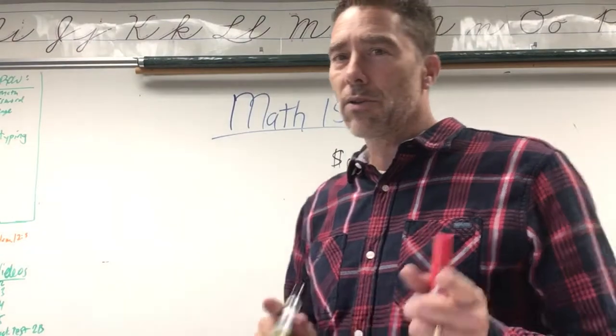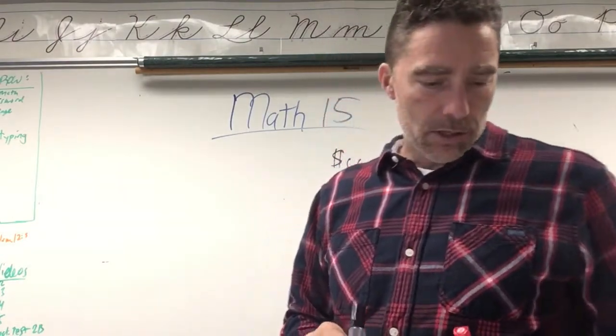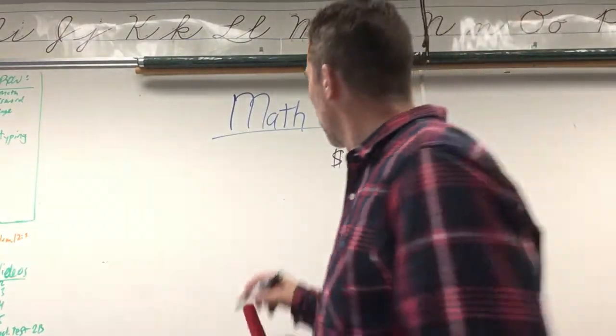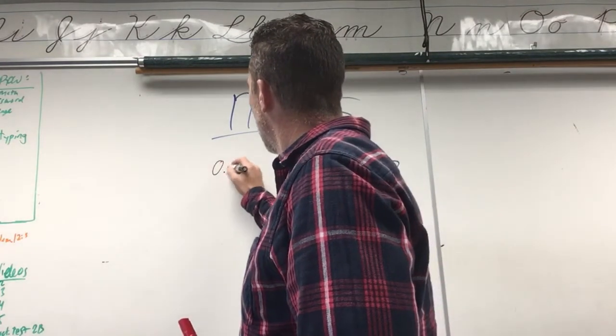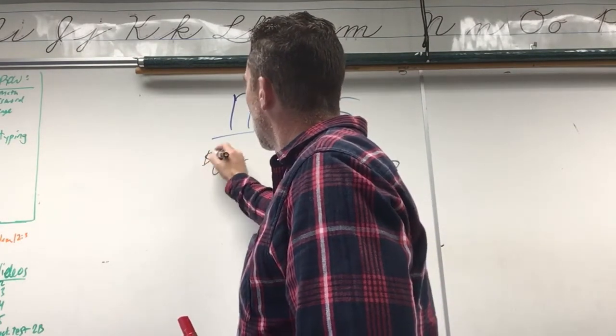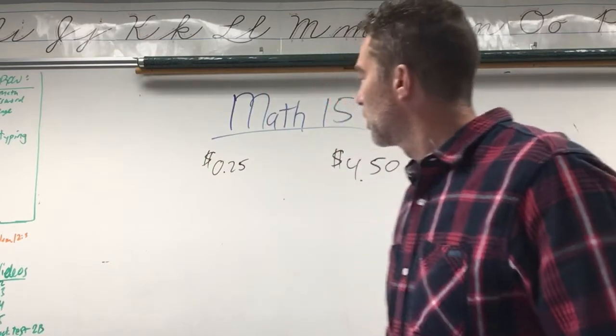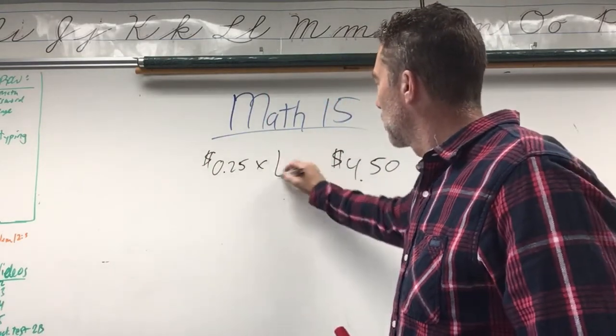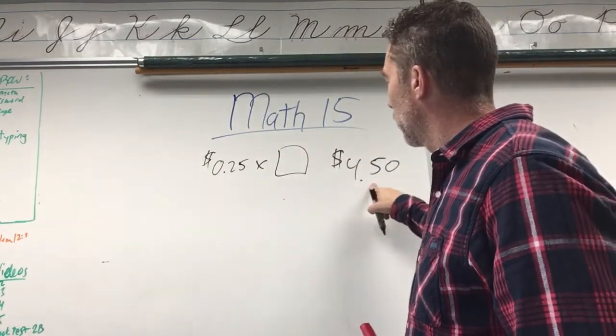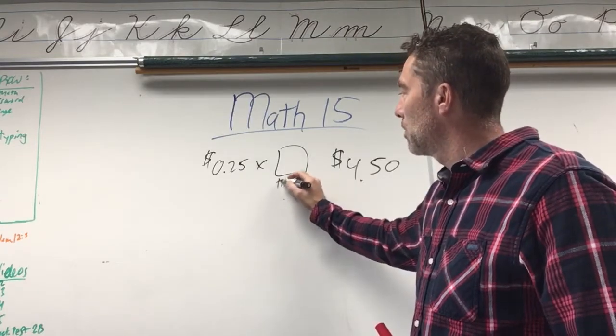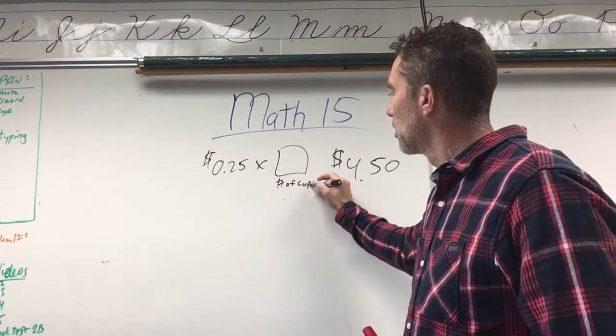That seems like a total to me. And she sold them for what, 25 cents a cup? So it'd be 25 cents times something is going to equal 450. And this something is going to be the number of cups.